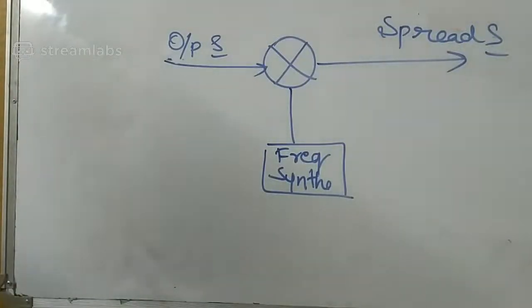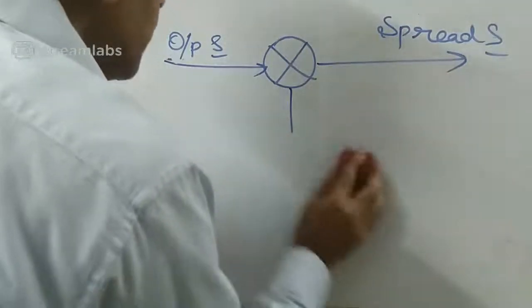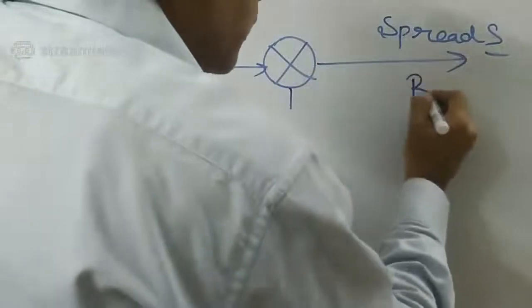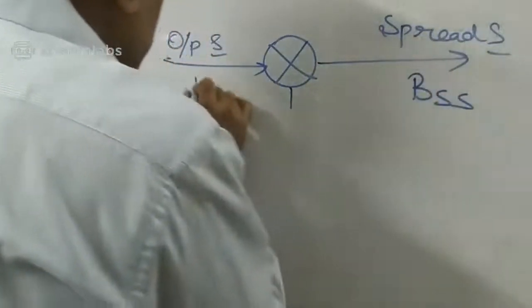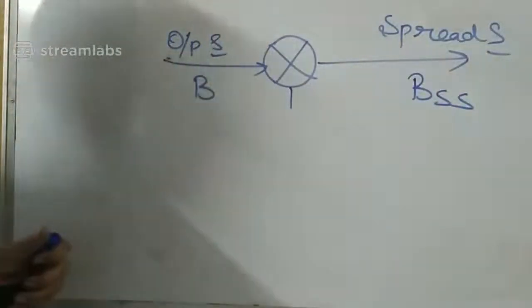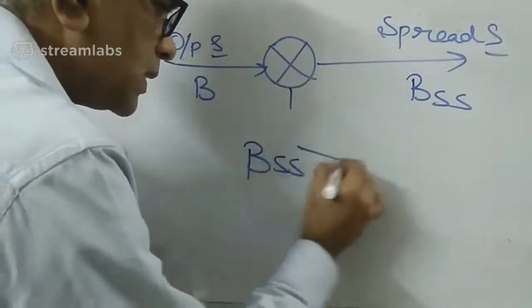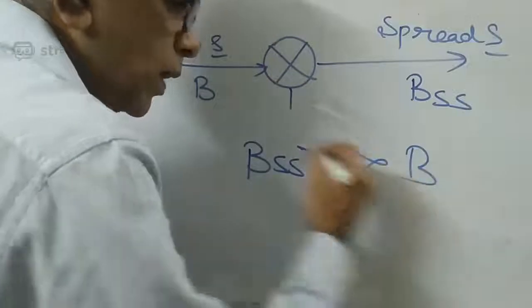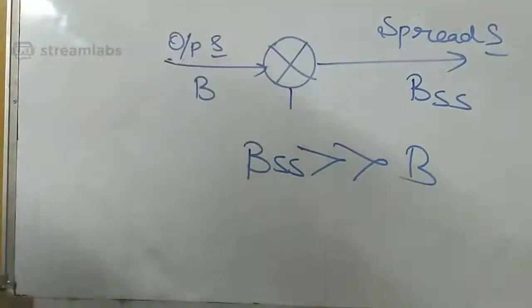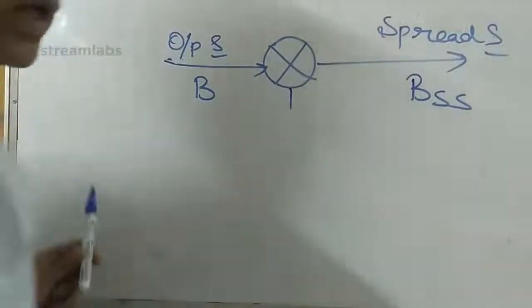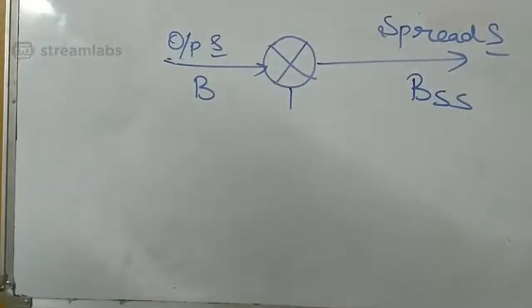Now I am going to talk about the bandwidth of this signal. I am going to call the bandwidth of this B_SS, and the bandwidth of this signal B. The requirement is that B_SS should be very much greater than B. Now what exactly does frequency hopping mean?